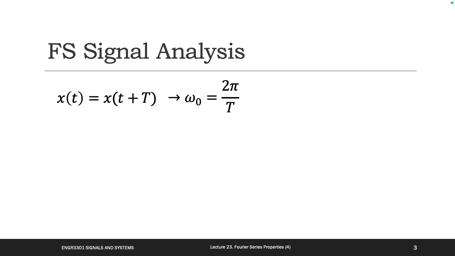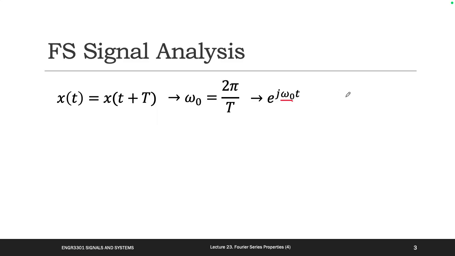For the fundamental frequency, we know it's 2 pi over T. Am I right? The FS synthesis is based on the different harmonics. This is just the basic harmonic. Why do we call it the basic harmonic? Because here it is omega naught, which is the fundamental frequency.